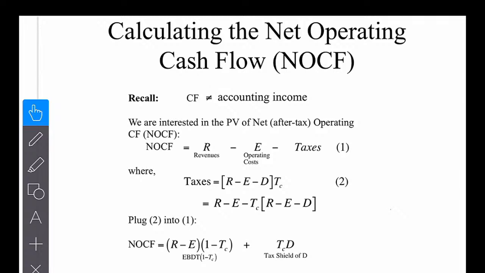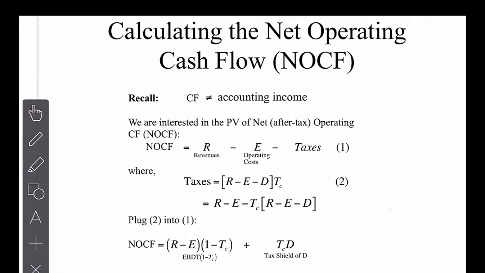Okay, so what are we going to do? We need to combine cash flows. So in each year, what we really want, we've talked about, and some students have mentioned profits. That's what we want to get to. We want to get to net, in other words, after tax, operating cash flows.